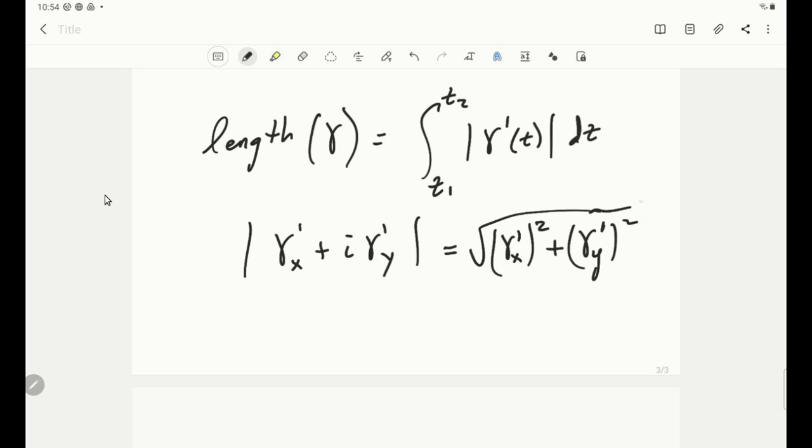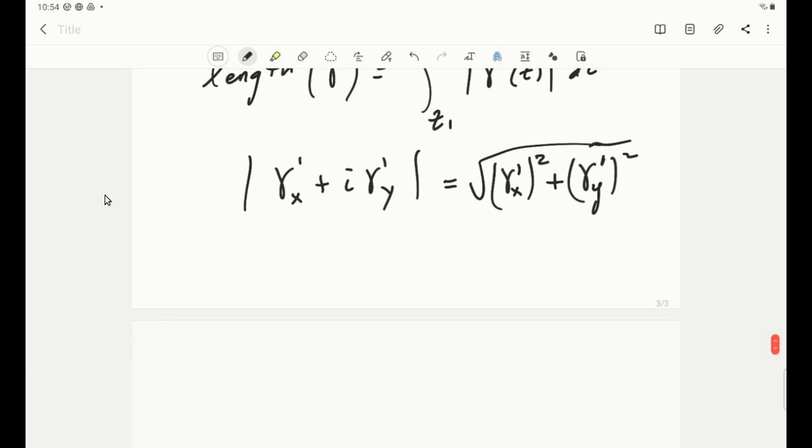So it's just like real numbers that way. Another way to write this would be the square root of x prime of t squared plus y prime of t squared.